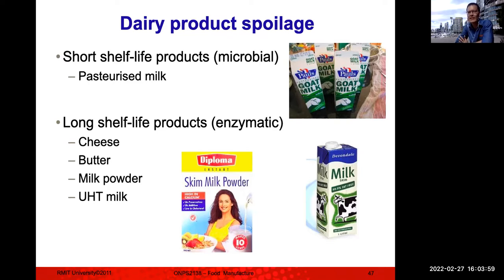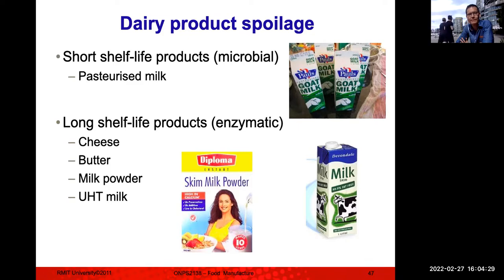To start with, though, it's important to take note that there are short shelf life products such as pasteurized milk, and then there are long shelf life products: UHT milk, cheese, butter, and so on. The short shelf life products tend to be spoiled through microbial growth, bacterial growth, whereas it's enzymatic causes which tend to spoil long shelf life products.